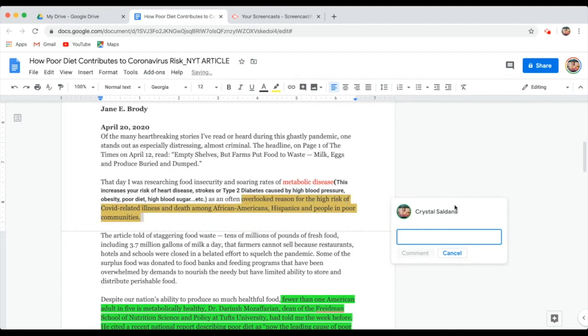Okay, so I'm going to keep my objective, informative tone and say, minority. And when I say minority, I'm including African American, Hispanics, everything that was stated right here. Minority populations are being ignored, because they said right here overlooked, right? So I feel like that qualifies as ignored, and are high risk for COVID.